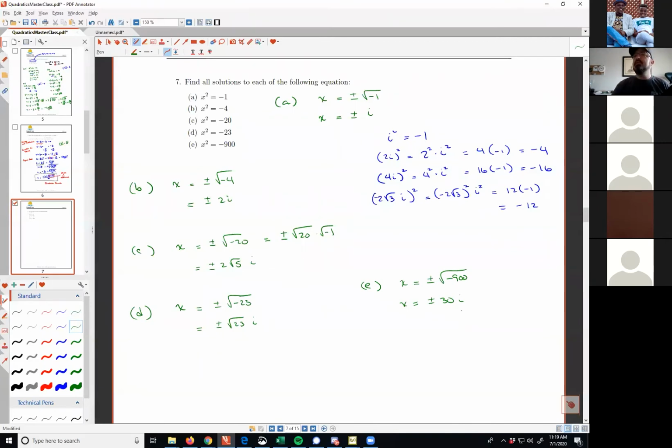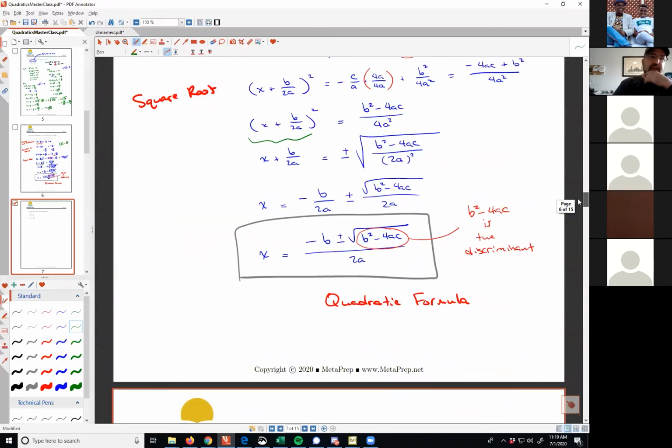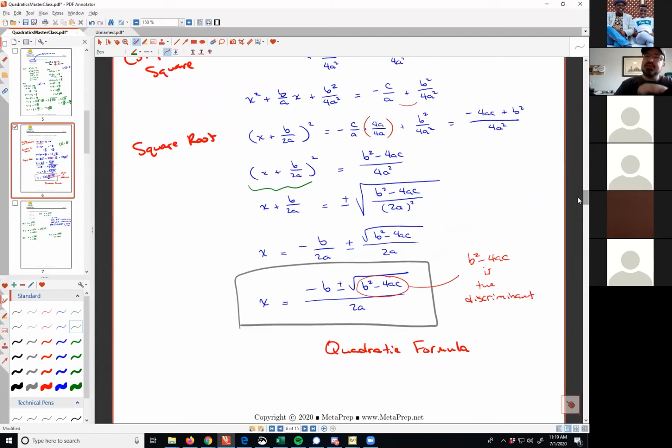Okay, so now we can take the square root of positive numbers, negative numbers, and 0. So I just want to point this out. Even when the discriminant is less than 0, we can find solutions.